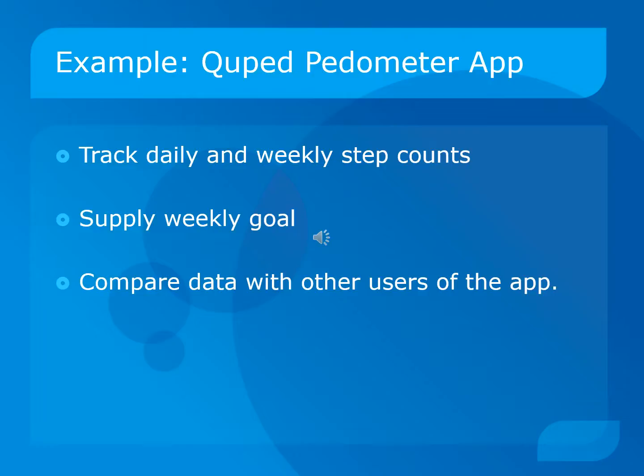To study how people use this app and whether it influences their behavior, the researcher collects data from the application concerning when the people open the app, what sections of the app they look at, what data they see, and the data about user goals and daily steps. The data is uploaded to a server and shared with the research team.